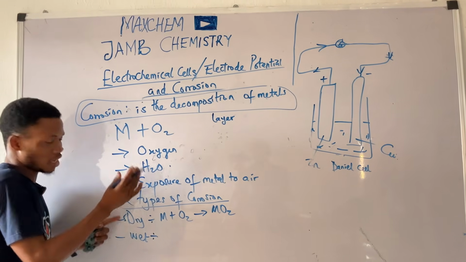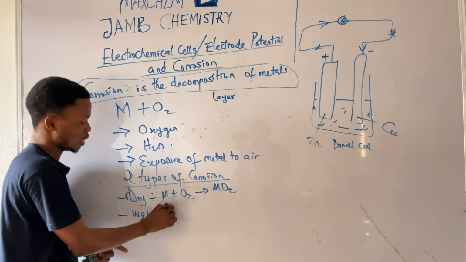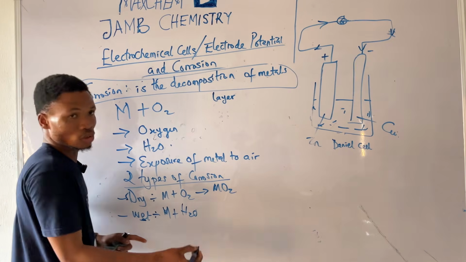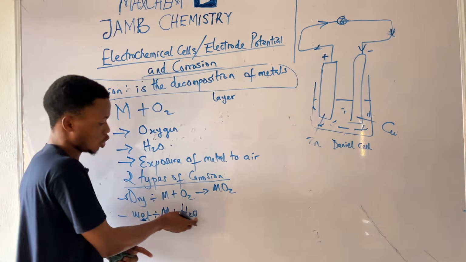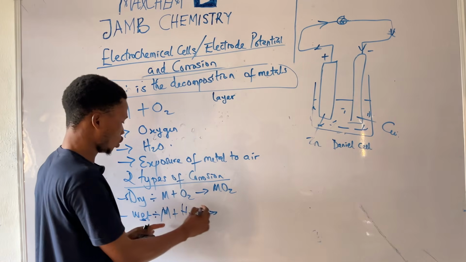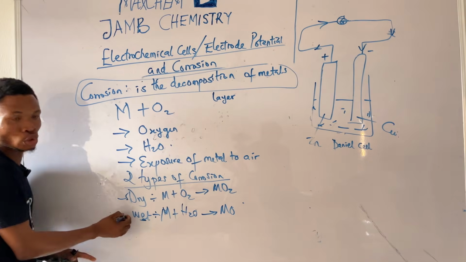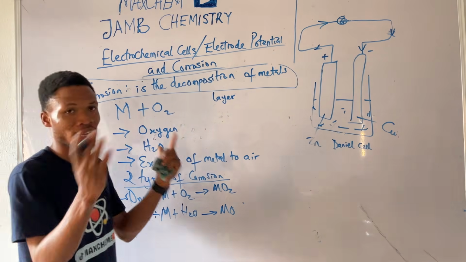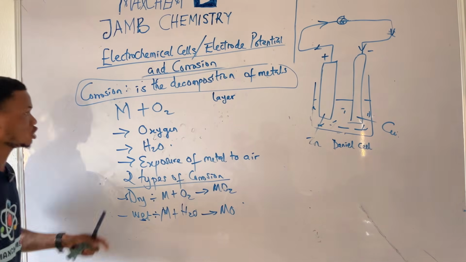Dry corrosion happens naturally, but with wet corrosion, we carry it out in the laboratory when we mix a metal with a certain substance like H2O. So when we react a metal with water to produce a metal oxide, that is wet corrosion. Dry corrosion is exposing a metal to air to give a metal oxide. So these are the two types of corrosion.